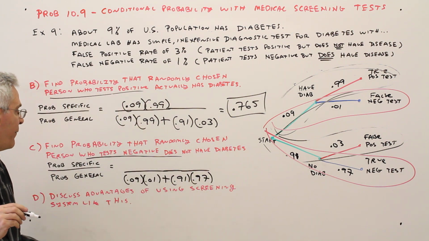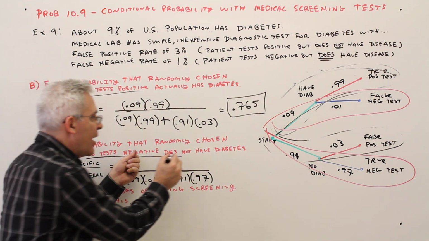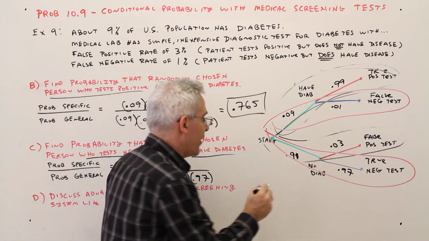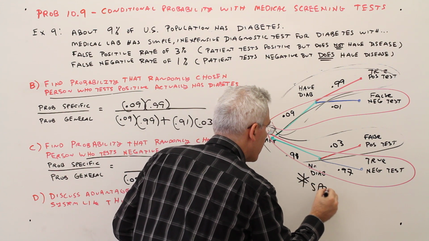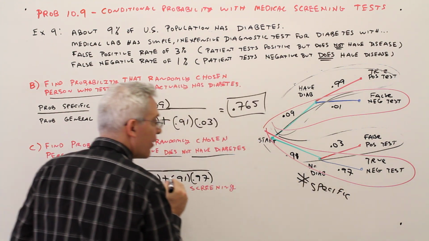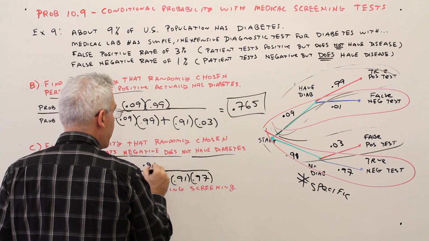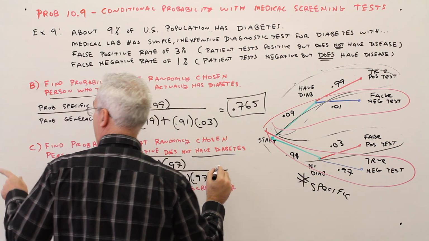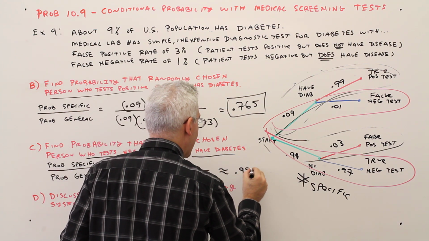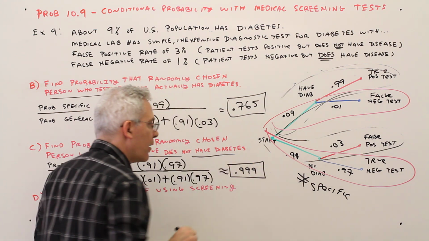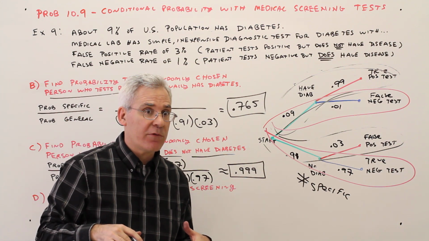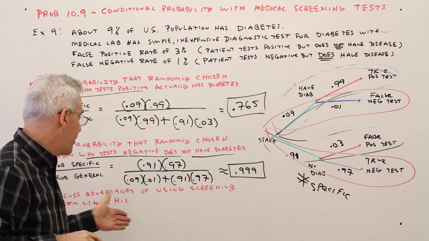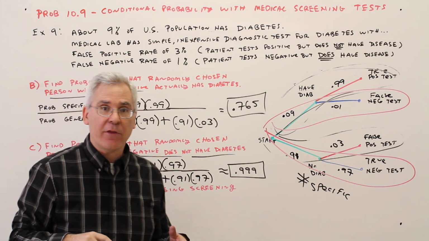And then my specific would be testing negative and not having it. So this would be my specific: 0.91 times 0.97. And if you do the math, you get about 0.999, so 99.9%.